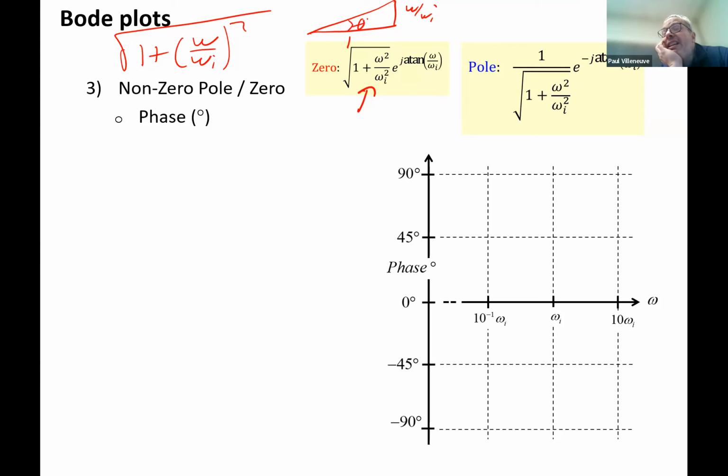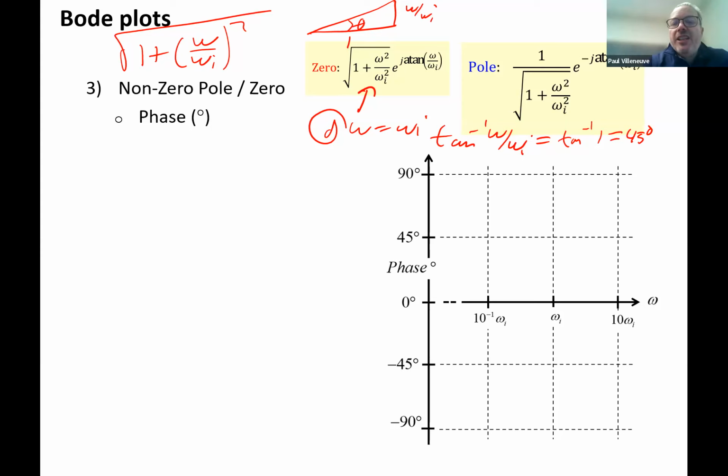Now this one we are looking at the tangent, right? So at the break frequency, at omega equals omega sub I, what is the inverse tangent of omega over omega sub I equal to? Well, what's the actual equation? If these two are the same, what's the inverse tangent of 1? 45 degrees.